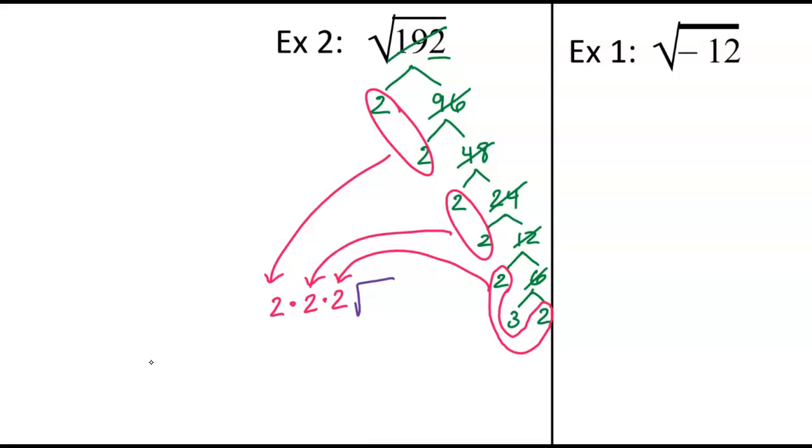Multiply. So in between the 2's, we have multiplication. And then do we have any leftovers? 3. And where do we put that leftover? On the inside. So in the end, what is 2 times 2 times 2? So what is our simplified radical? 8 square root 3. And we're done.